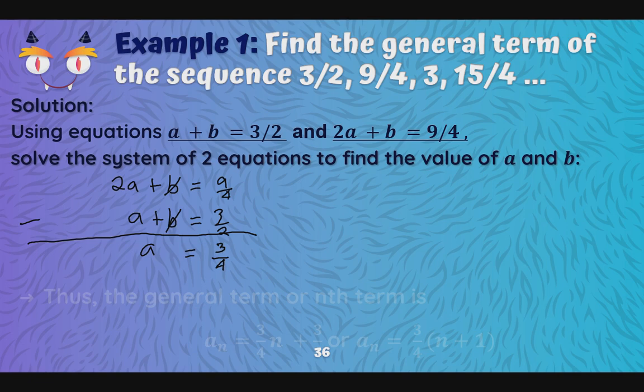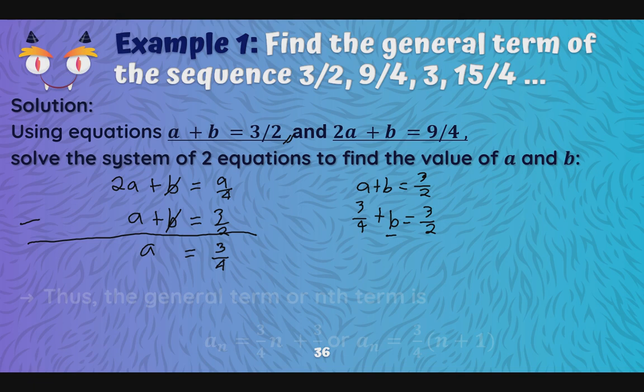Now let us get the value of b using this equation. So a plus b is equal to 3 halves. a is 3/4, plus b is equal to 3 over 2. Now, we want to isolate b and remove 3 over 4.